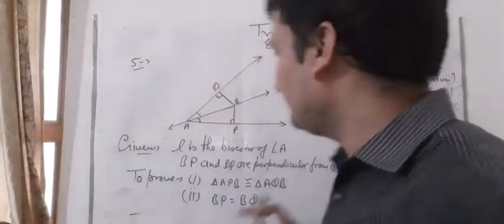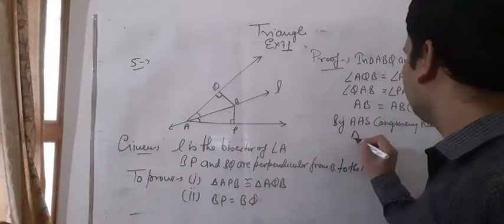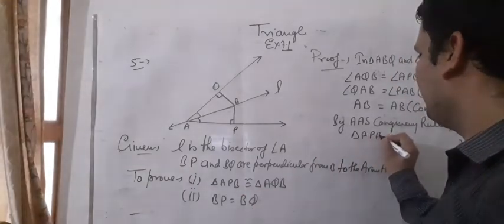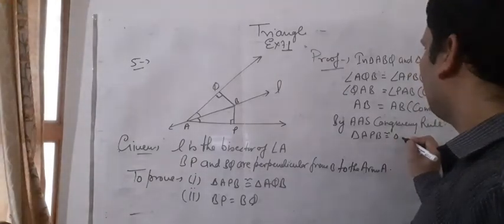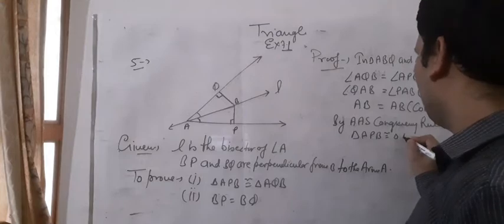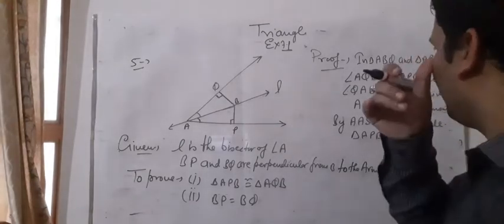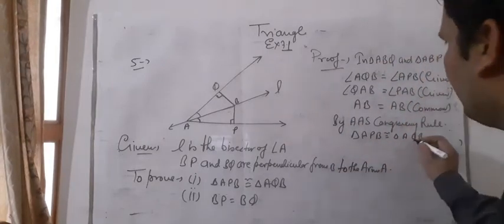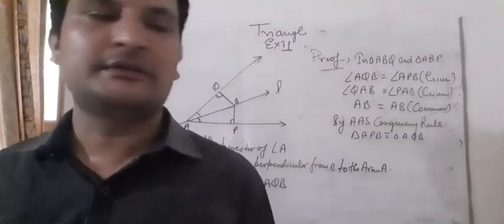Now what we have proved, by angle angle side property we have proved that triangle APB is congruent to triangle AQB. So we have proved that these two triangles are congruent to each other.